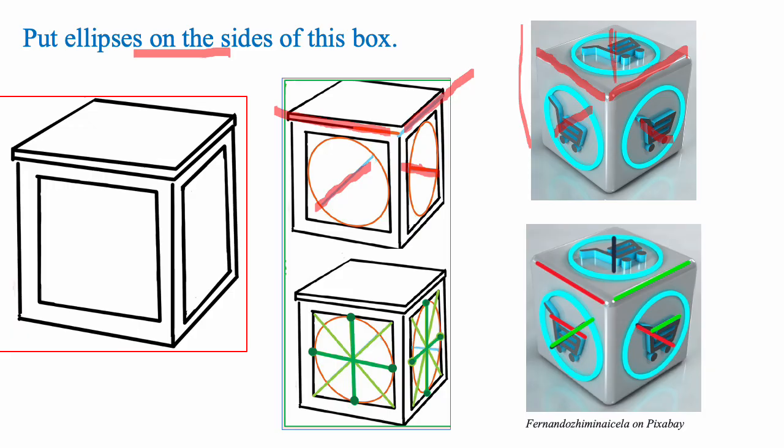But when it comes to actually drawing images on the cube, you want the lines here to follow the lines of that particular plane. So, for example, this green line here follows this one.